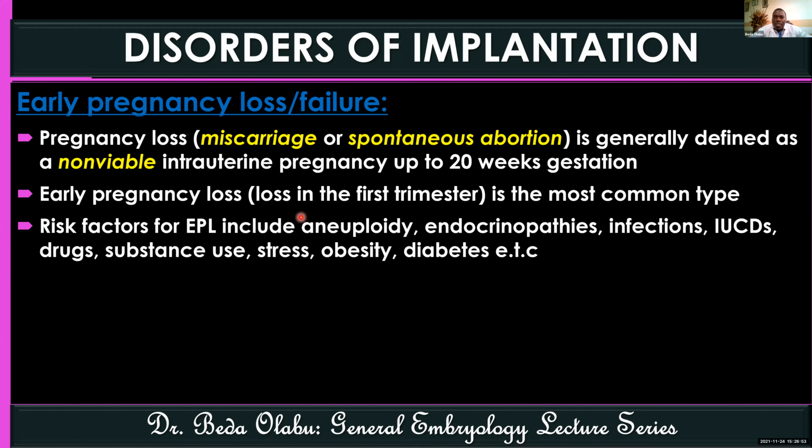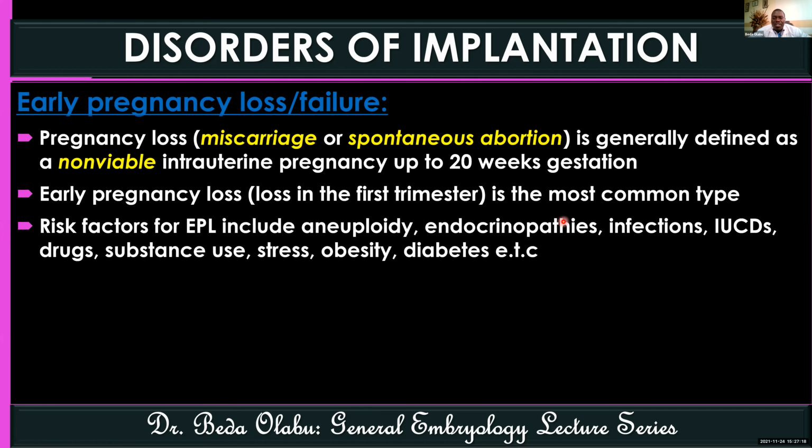Remember the trisomies and the monosomies, those ones could lead to early pregnancy loss. Some of them could be hormonal disorders. For example, if the progesterone levels are just very low, maybe the human chorionic gonadotrophic hormone is not supporting the corpus luteum adequately, and so the levels of progesterone are low.